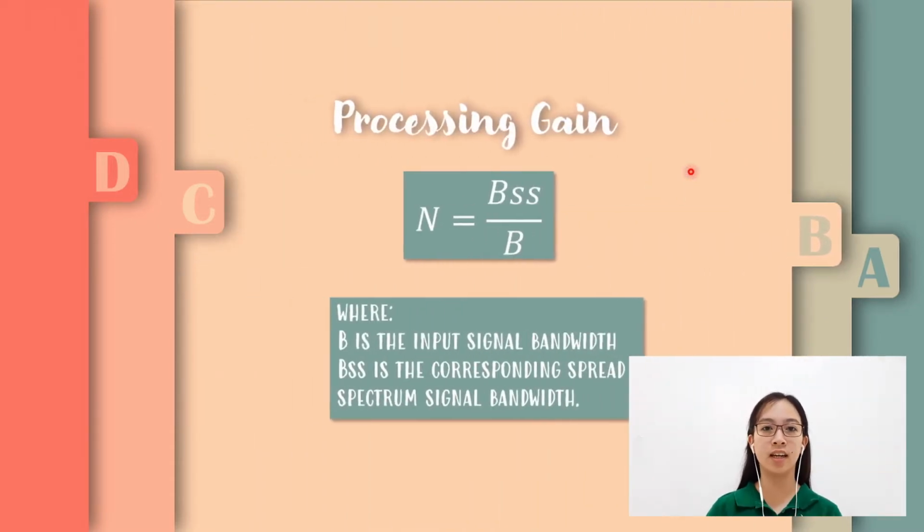As we can see in the figure, the spread spectrum increases the bandwidth of the input signal by a factor N, which is called the processing gain or spreading factor. N equals BSS over B, where B is the input signal bandwidth and BSS is the corresponding spread spectrum signal bandwidth.